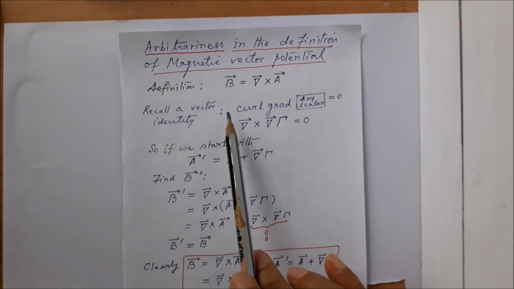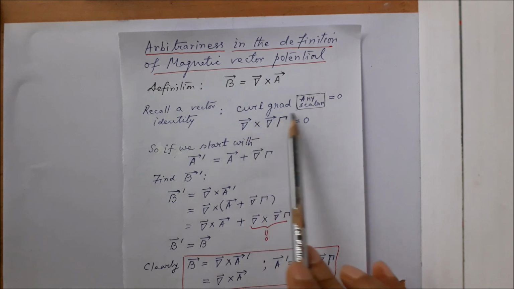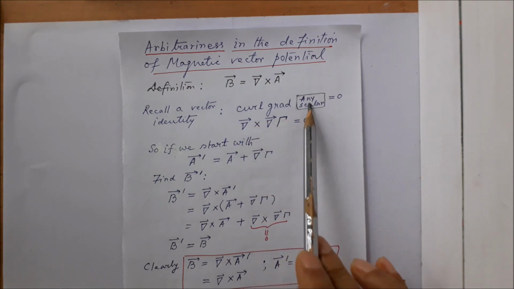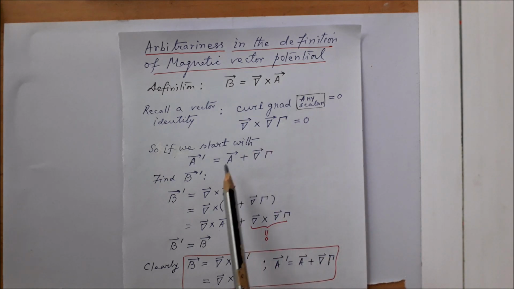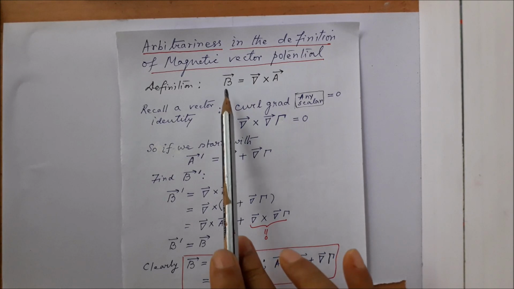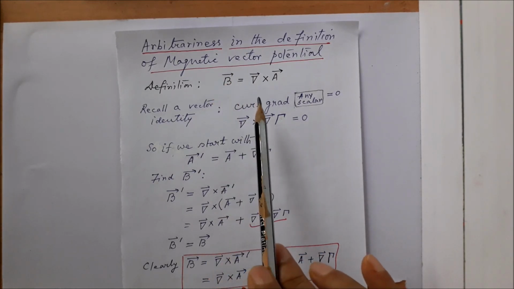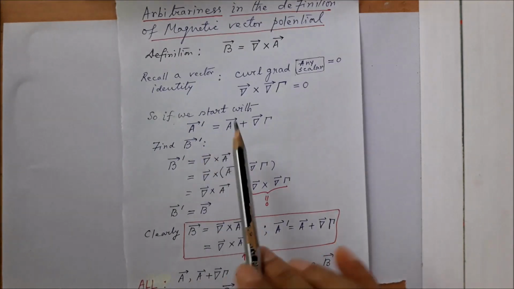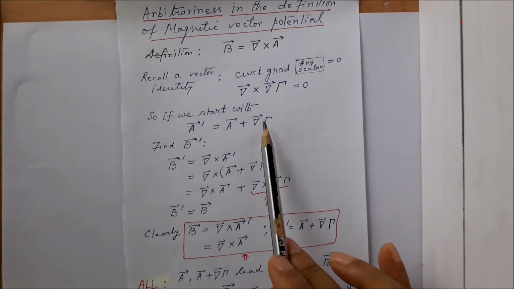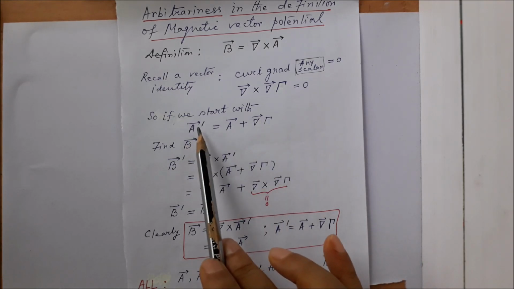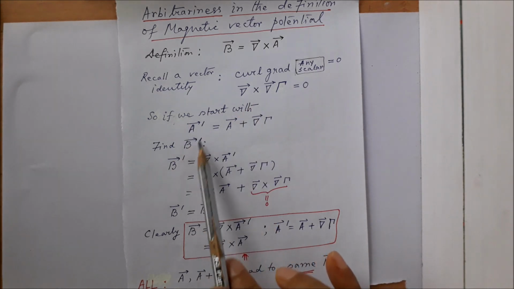The arbitrariness or ambiguity is because of this vector identity, namely curl grad of any scalar equal to 0. We have said that vector A gives magnetic induction vector B. Now let us instead start with this vector A plus grad of gamma, and this we call A prime, and try to evaluate the magnetic induction, which let us call vector B prime.